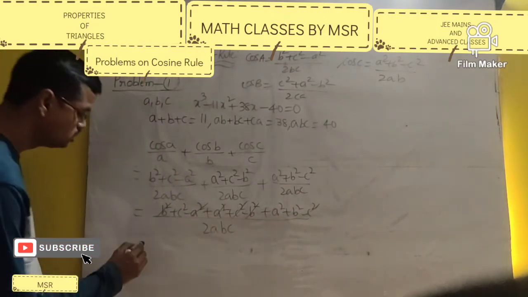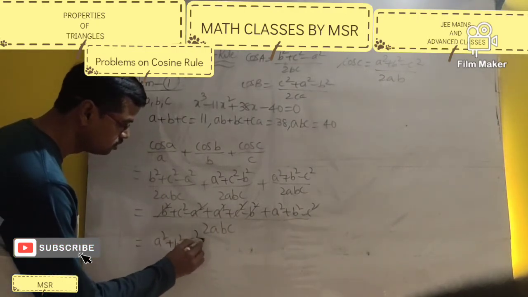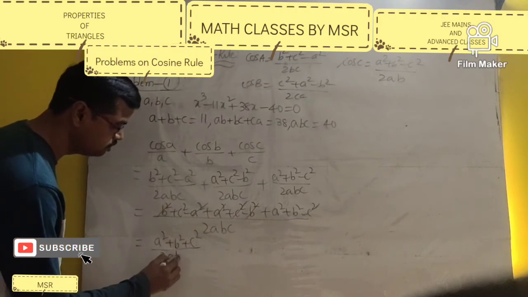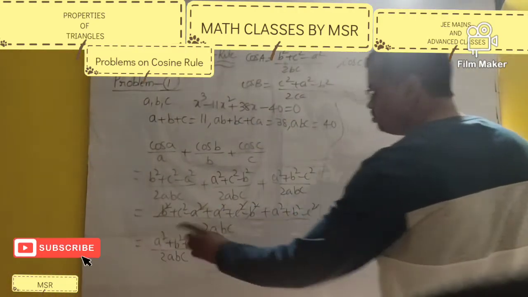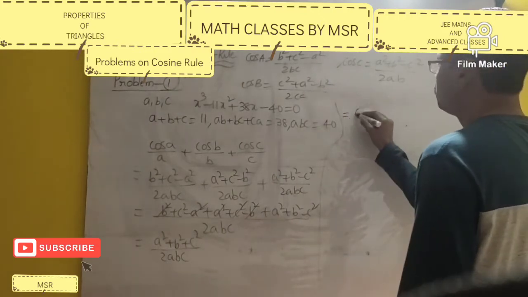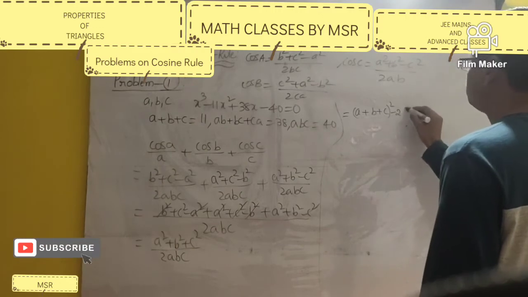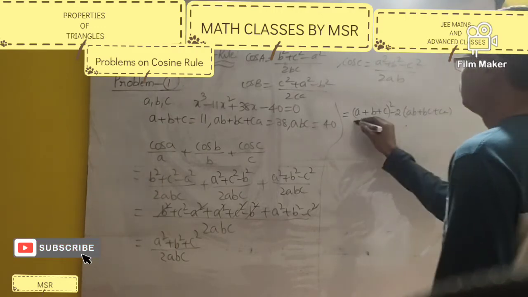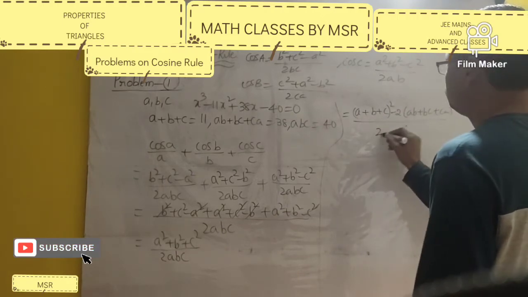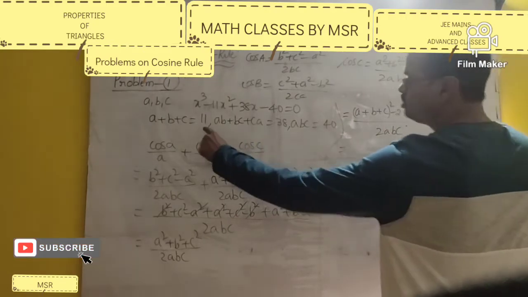So you got a square plus b square plus c square by 2abc. Okay, I will write a square plus b square plus c square as a plus b plus c whole square minus 2 times ab plus bc plus ca, we know this formula, by 2abc. So all these values we have. What is a plus b plus c? 11.